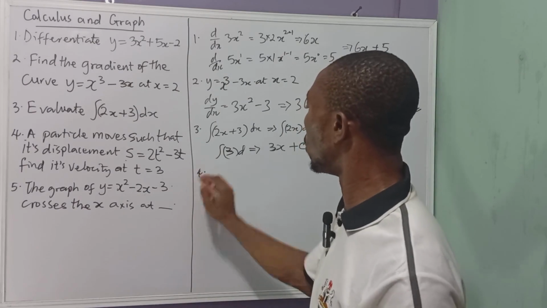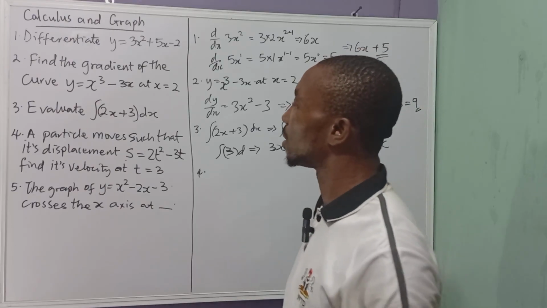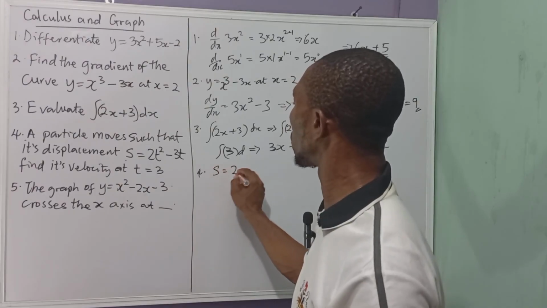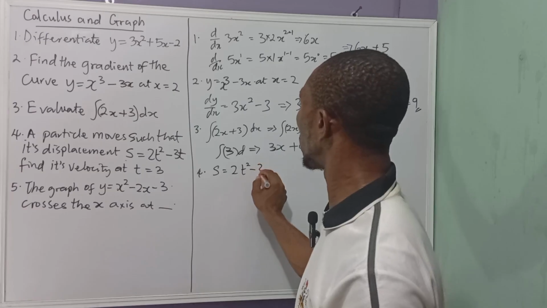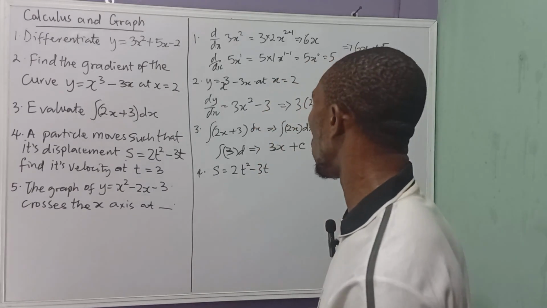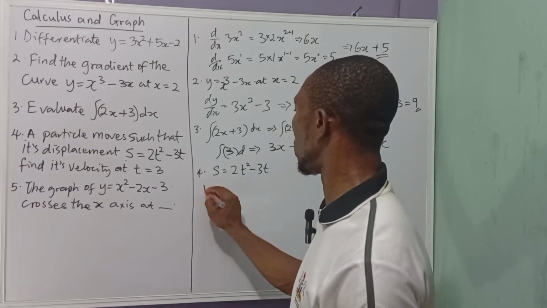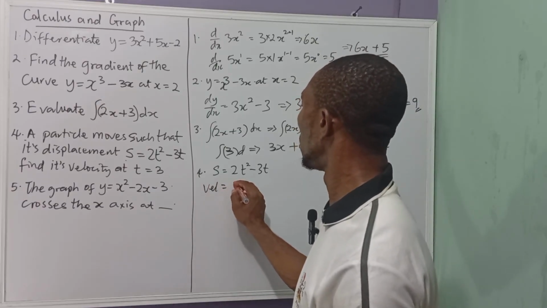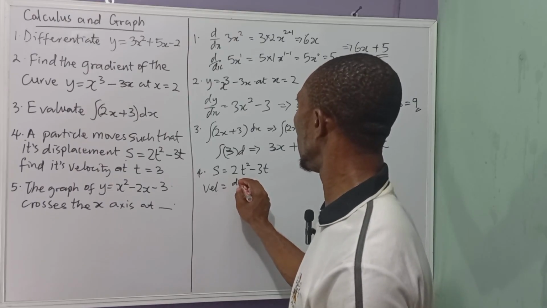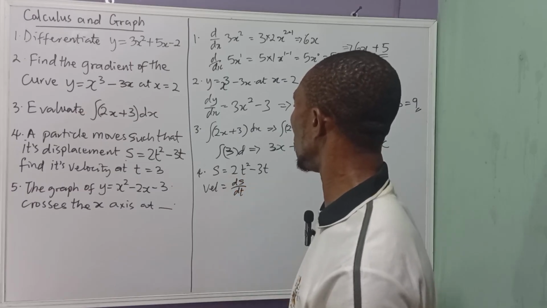Number 4, we have a particle that moves such that its displacement s equals 2t squared minus 3t. Find its velocity at t equals 3. To find this velocity, we know that velocity v equals ds over dt.